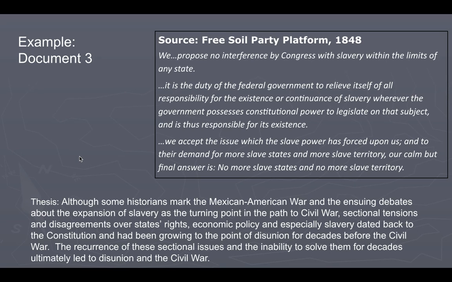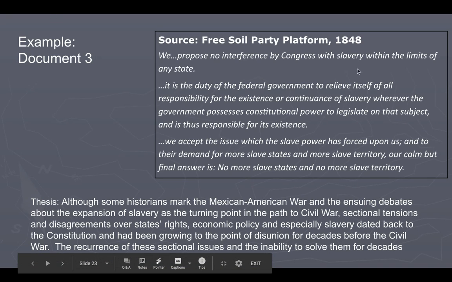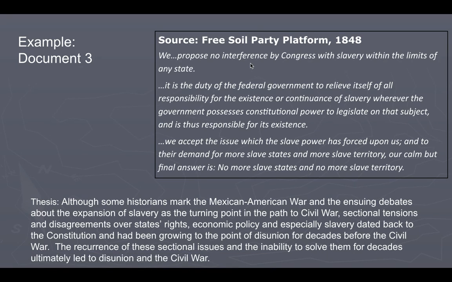Document number 3 was the Free Soil Party platform, which was created in 1848 after the end of the Mexican-American War. If you've never read the Free Soil Party platform, they were not interested in forcing more government control of things. That's where the first statement comes in.